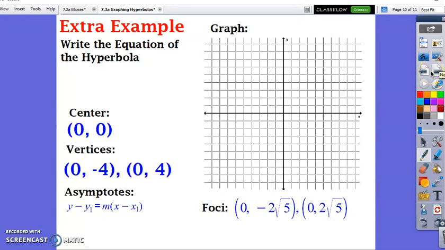This is an extra example. It gives me my foci as these points, negative 2 square roots of 5 and 2 square roots of 5. So that's my c and my negative c. And my vertices are on, in this case, the y-axis.